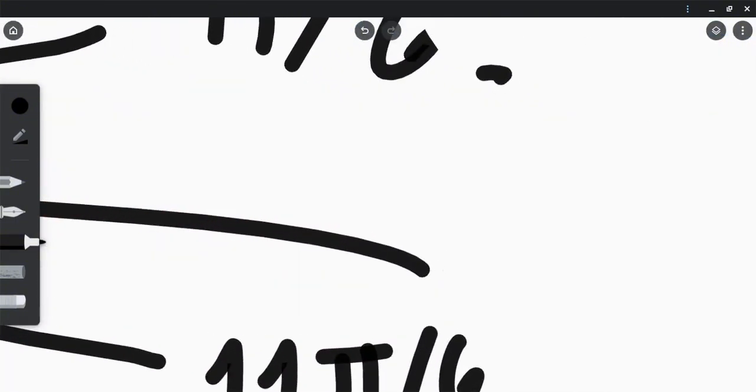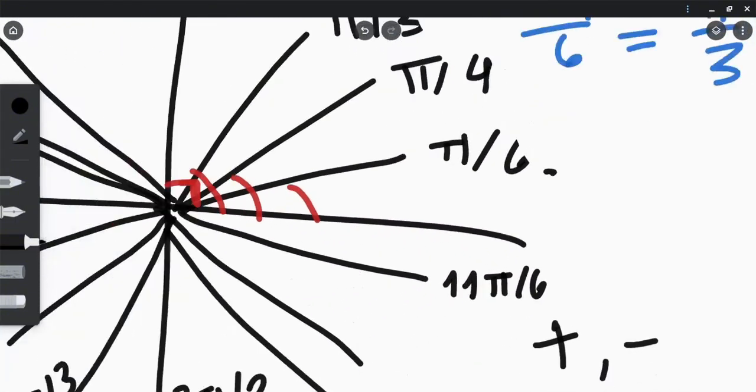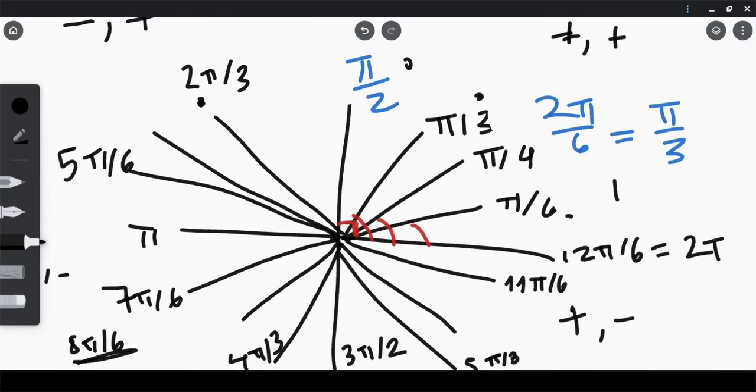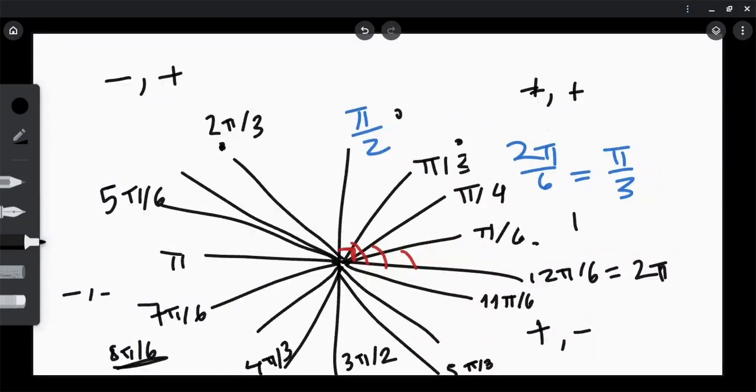And then 12 pi over 6. So 12 pi over 6 is just 2 pi. And that's a full cycle of a circle. 2 pi equals a full cycle of a circle.